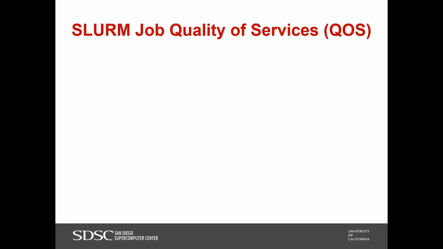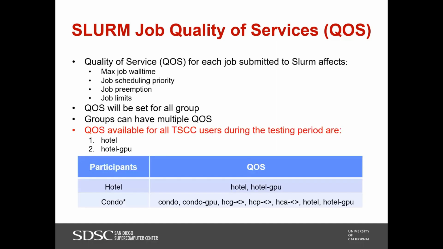Okay, so besides partitions, we also introduce a new tool in SLURM called Quality of Service, QoS, to help us better manage and define the nodes and jobs. What is a QoS?